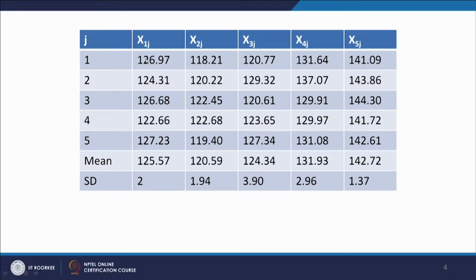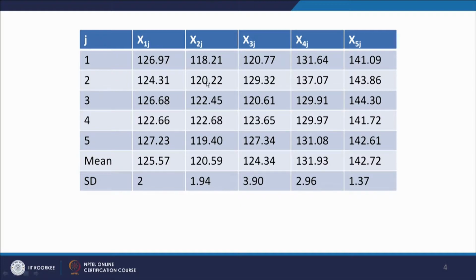Now, what will happen? Suppose we are getting the values. So, what we will get here is x2j minus x1j. It will be 118.21 minus 126.97, and we will see that this value comes out to be something like 8.76, so it will be minus 8.76.